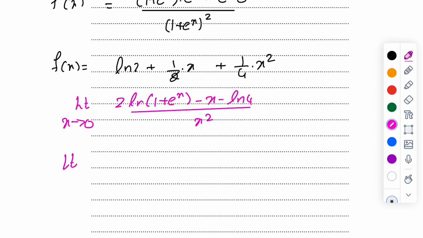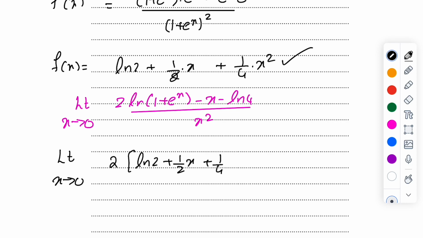Now limit x approaches 0 of ln of 1 plus e power x, the formula is this, what we have done out. So what does that become now? Ln 2 plus 1 upon 2x plus 1 upon 4 x square, then minus x minus ln 4 divided by x square.